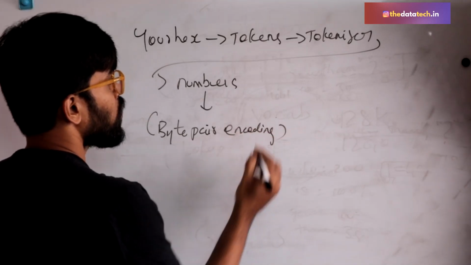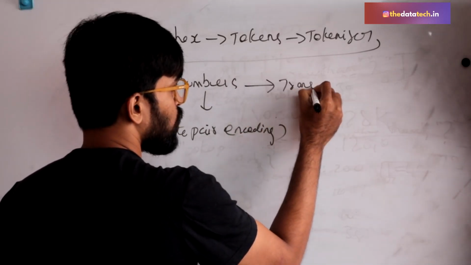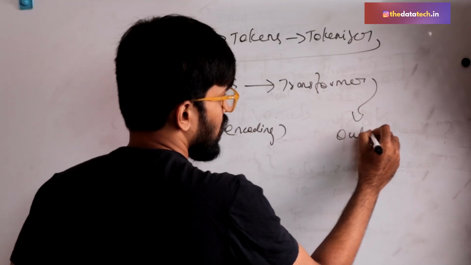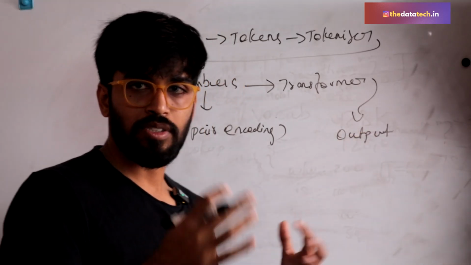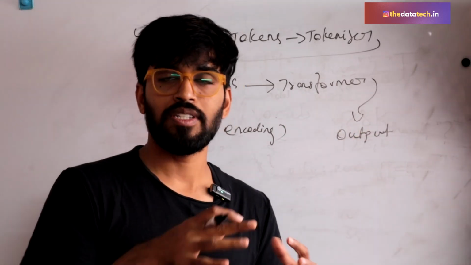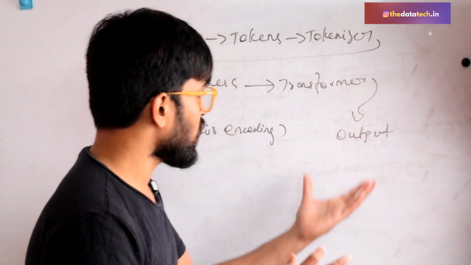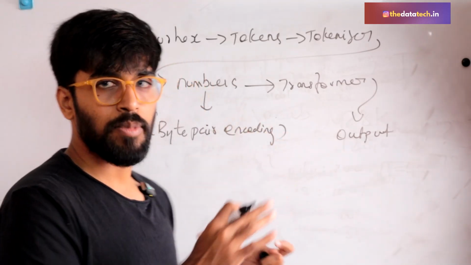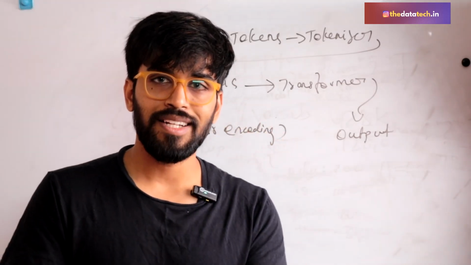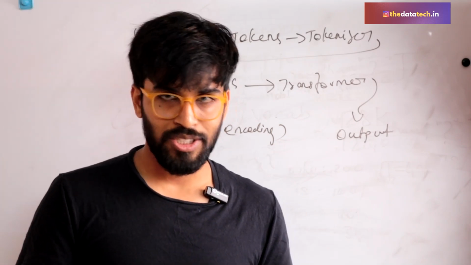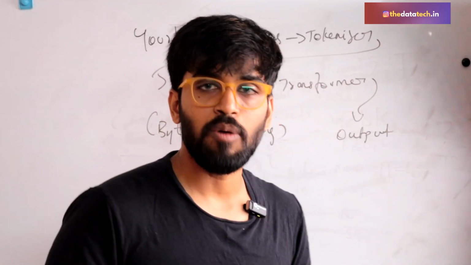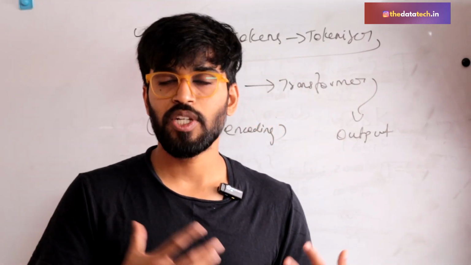This goes as an input to the transformer, which does all kinds of processing with neural networks and deep learning, and then it finally gives you the output. We are not getting into what exactly the transformer is, as that is not the agenda of this video. The agenda of the video is tokens. This is a very interesting topic, and that's why I thought of sharing it with you.